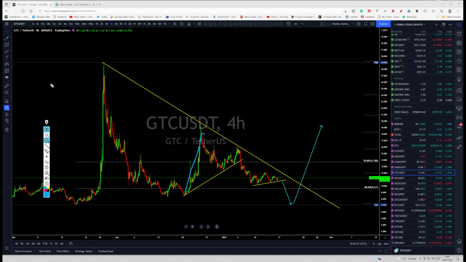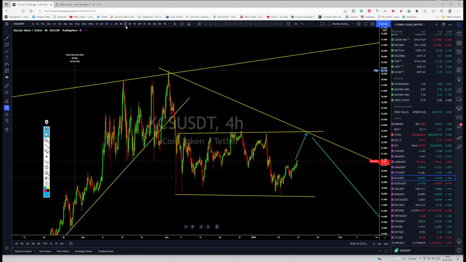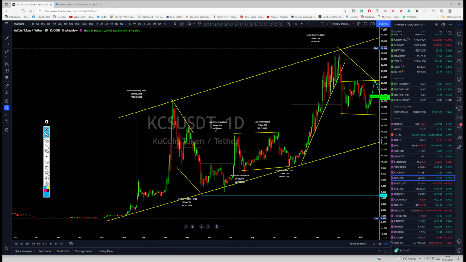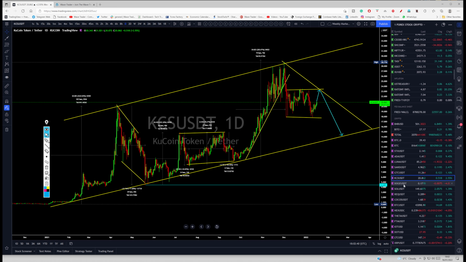Not expecting that kind of runoff. Just simply slowly break down and find its bottom over there, or this 100% retracement, and then run off for the next leg higher. So KuCoin, flat formation and drop.